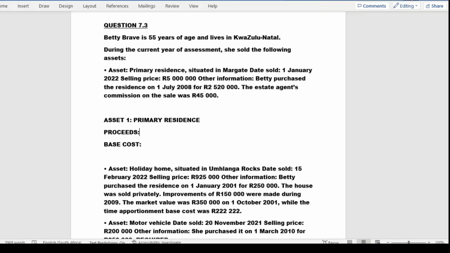Yes, Koketo? I think it's 2,520,000. But that's the base cost. That's what we have purchased the asset with. How much have we sold the asset for? How much was the primary residence disposed with? 500,000, right?